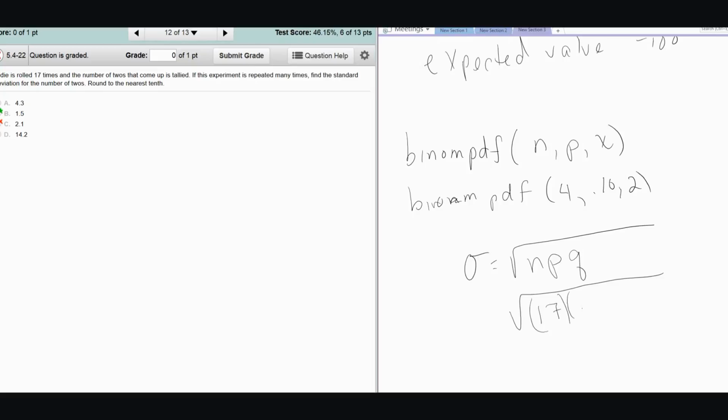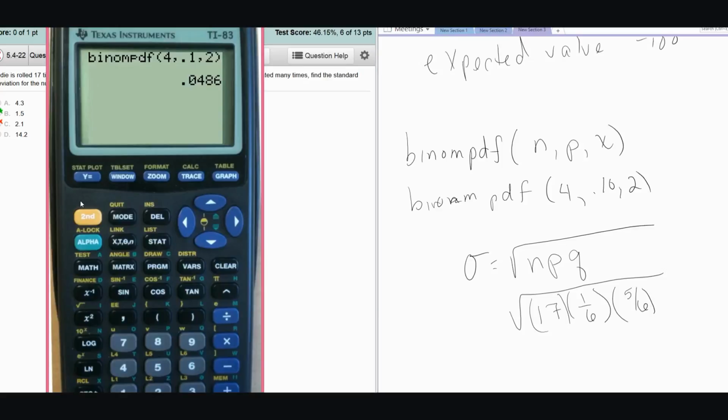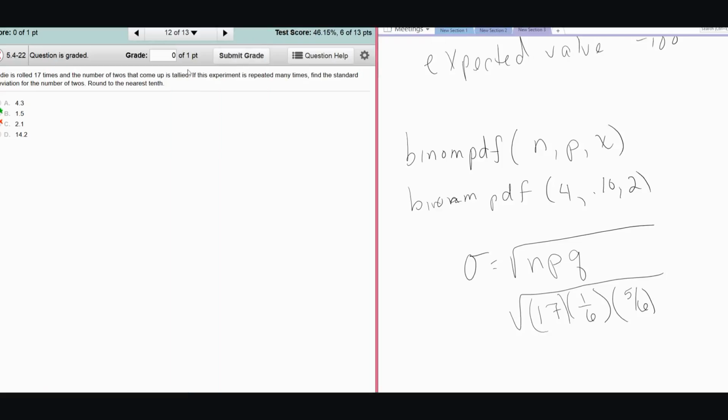Rolling a 6-sided die, the probability of a 2 coming up is 1 out of 6 sides. Then q would be 1 minus 1/6, which would be 5/6. So we're going to put that in the calculator. Again, be careful about putting too many parentheses. So here we'd have 1.5.